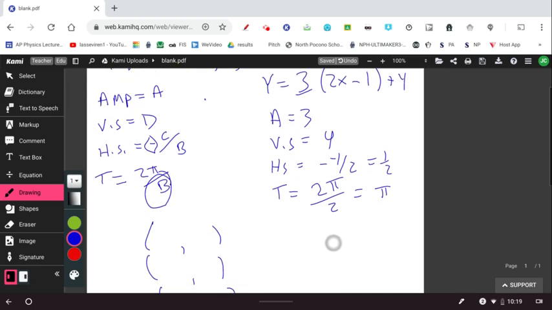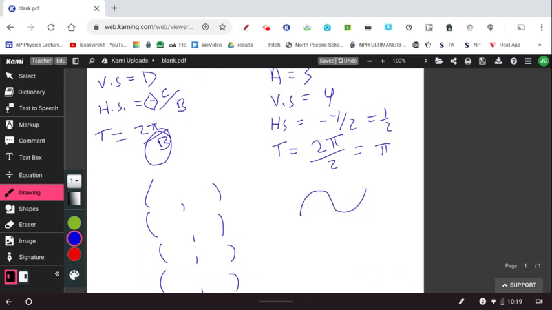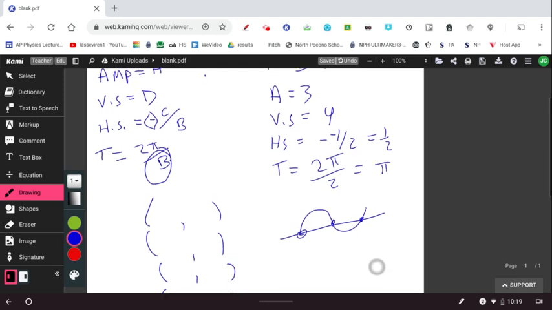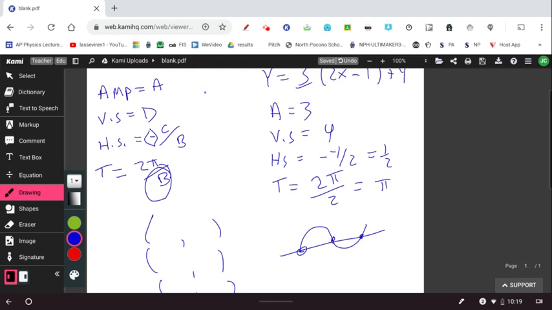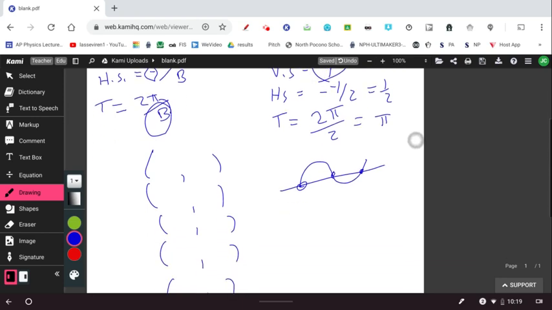So we know that in a normal sine curve, our graph crosses the origin at the equilibrium points. But our equilibrium point has shifted up, done a vertical shift of 4. So in the normal graph, the values would be 0 here, but in our graph, they're going to shift 4.